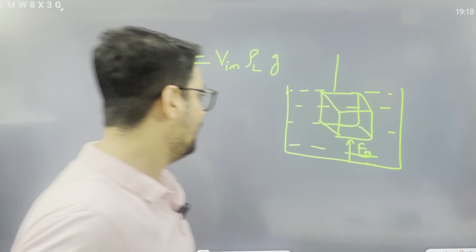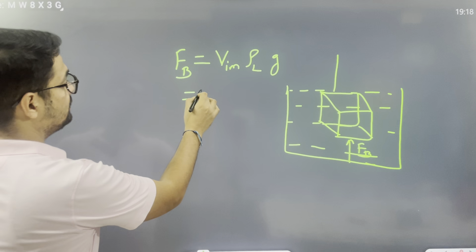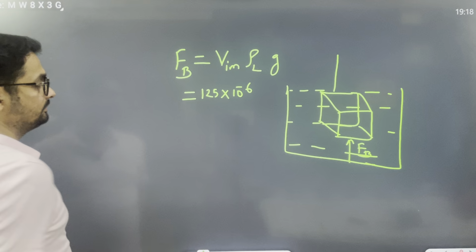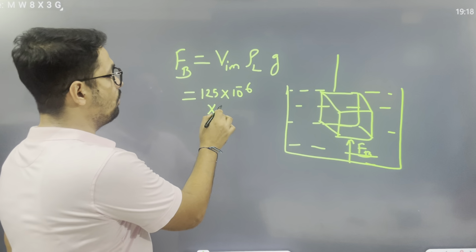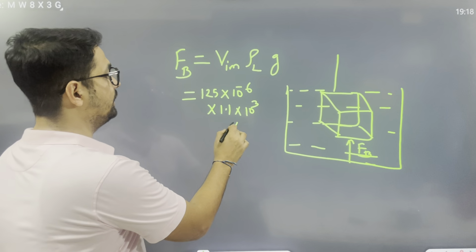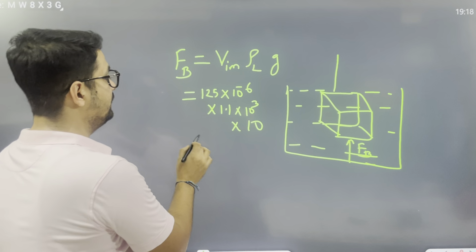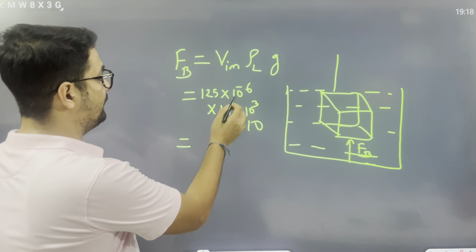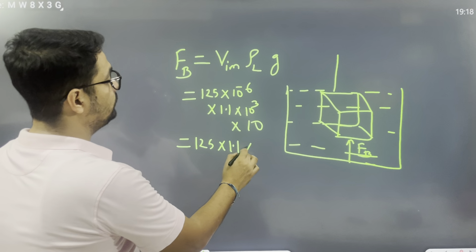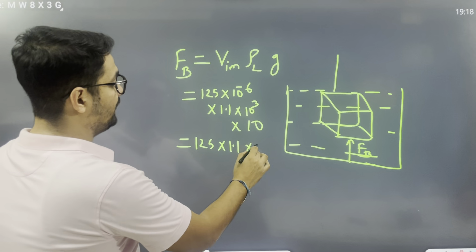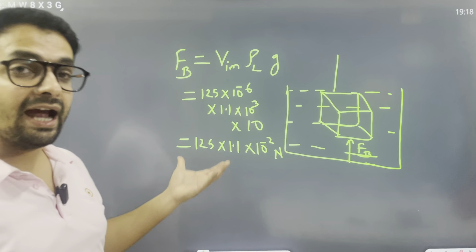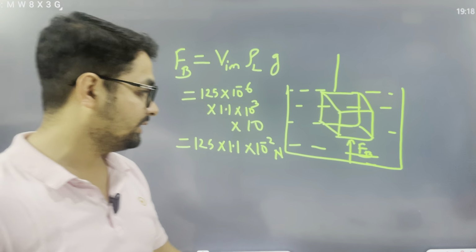With g value 10, when you multiply this, 125 into 1.1 into 10 to the power 4 into 10 to the power minus 6, it will be 10 to the power minus 2 Newton. This will be the upthrust acting on the cube in the vertical upward direction.